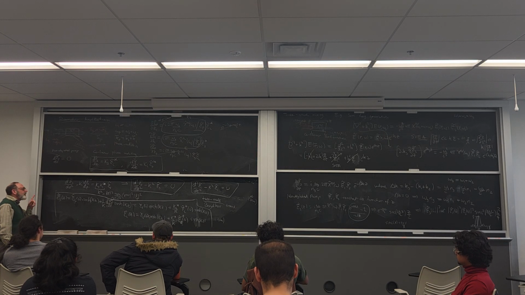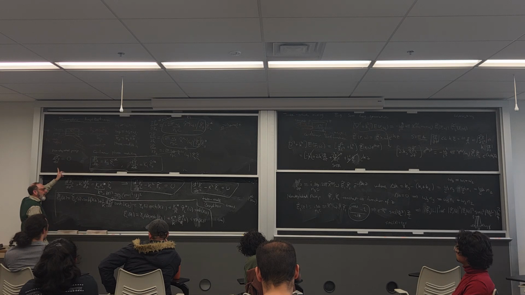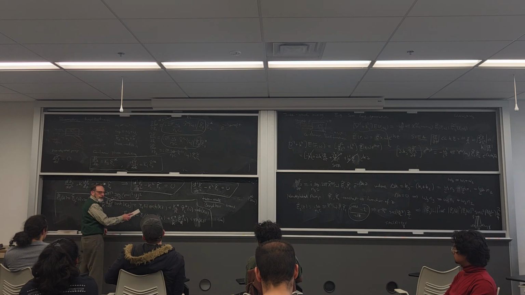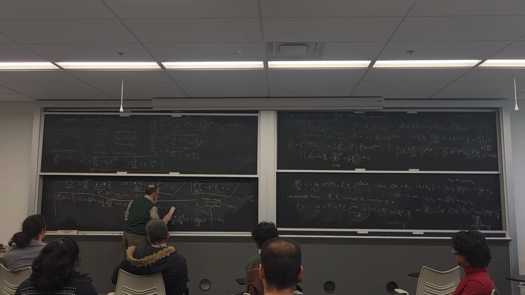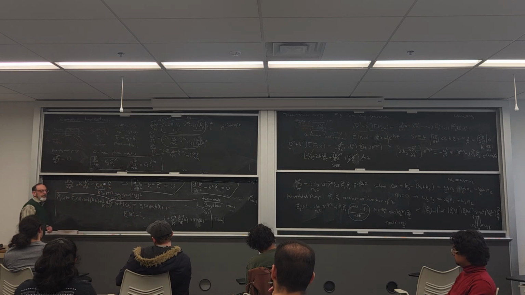Okay, so interesting. Come back to this in a moment. Now, in our situation, the input field in the idler was 0. So this term is not there, and this term is not there. Okay.